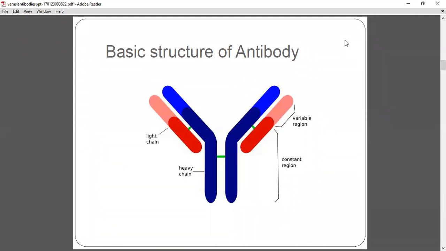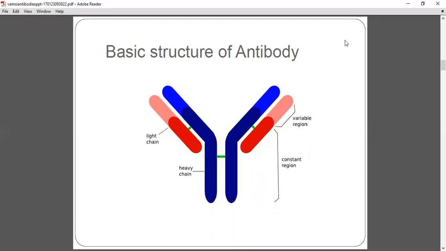Within the constant regions of both the light and the heavy chains, the amino acid sequence is almost stable. It does not vary at all, as opposed to the outer region, called the variable region, where the amino acid sequencing differs markedly. So you can see both variable regions of the light and the heavy chain are side by side, whereas the constant regions extend more or less in tandem.